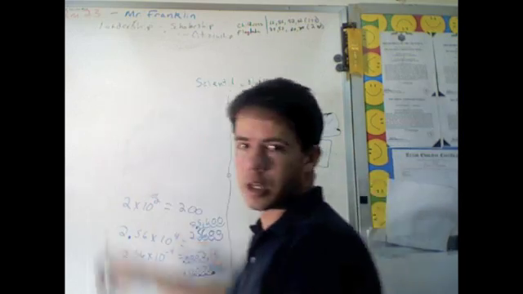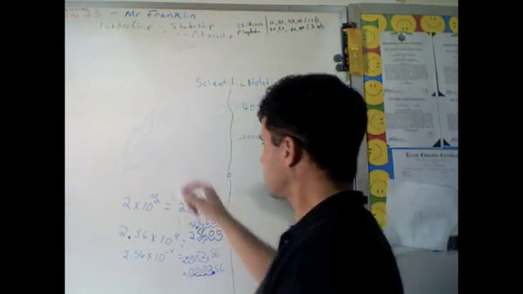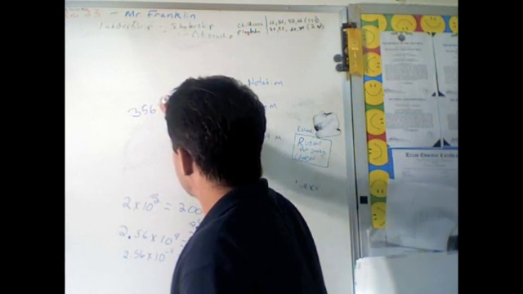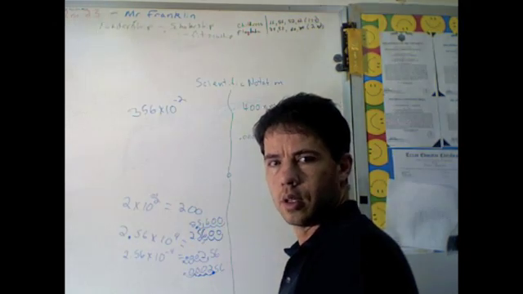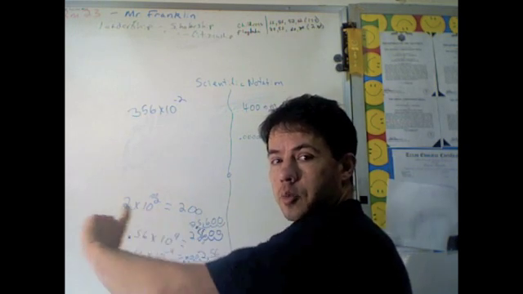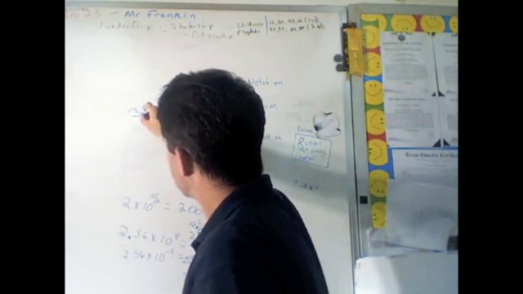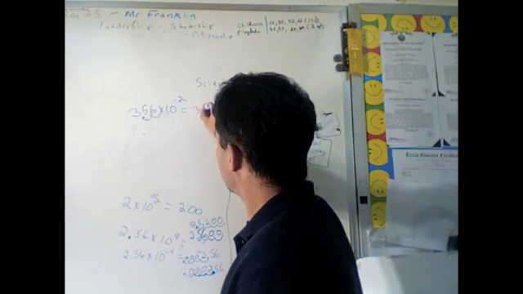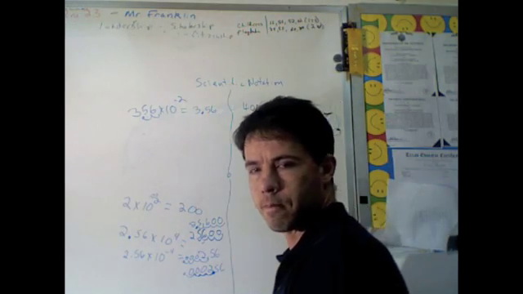Okay, so let's try a couple before I show you how we're going to use this in class. So 356 times 10 to the negative 2. Okay? Negative 2, we're going to move the decimal to the left. 1, 2 places, so we get 3.56. Okay?